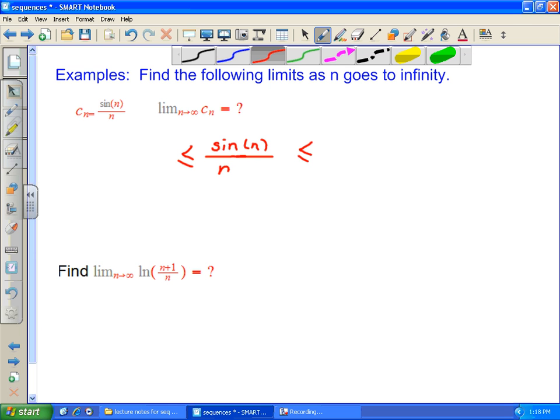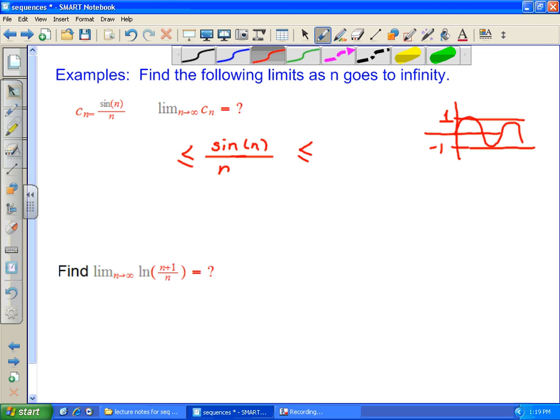For example, what is the largest the sine function can ever be? Because we know the graph of the sine function, right? It looks something like this. The largest it can ever be is 1, right? And what is the lowest the sine function can ever be? -1. So can you suggest a function that sine n over n will always be less than?